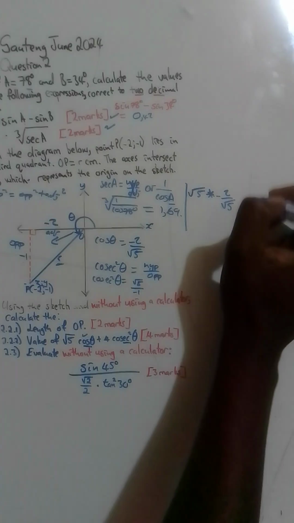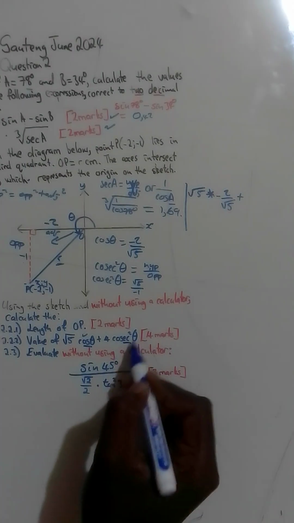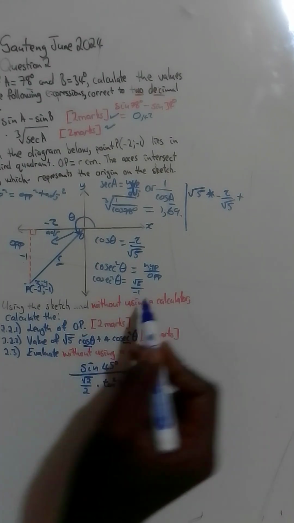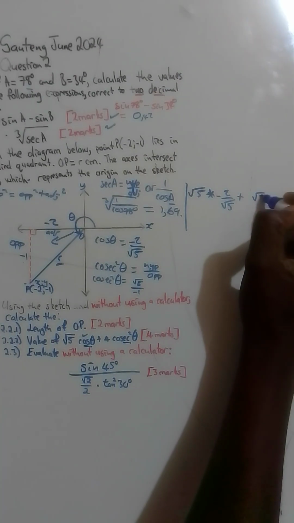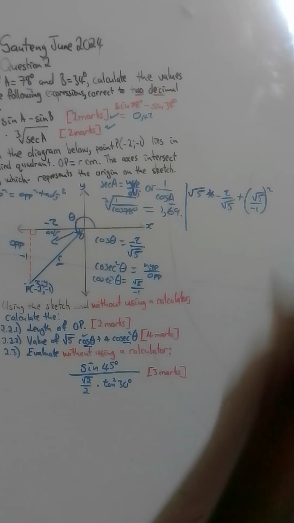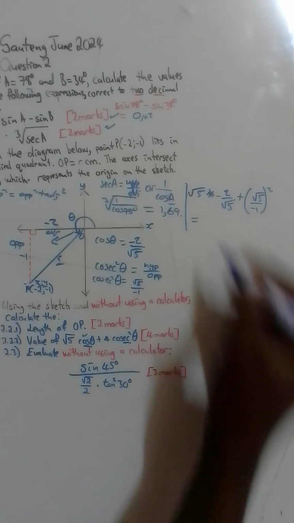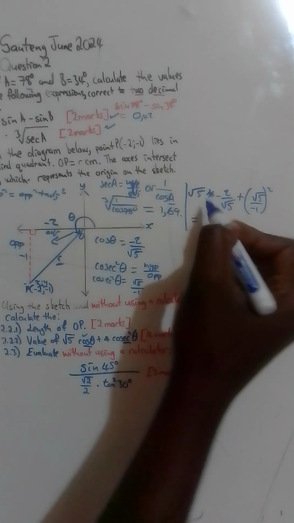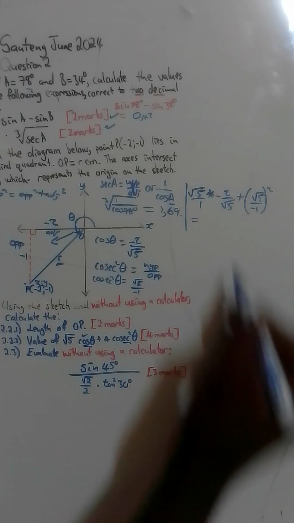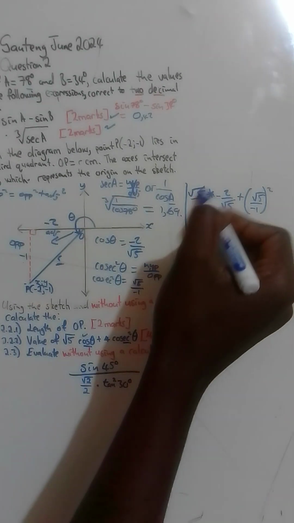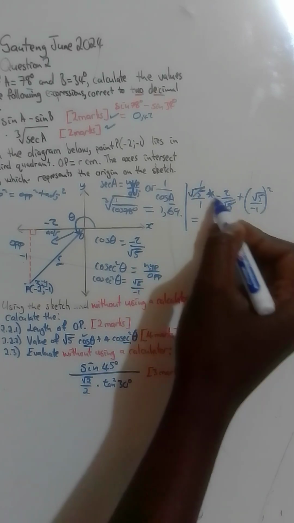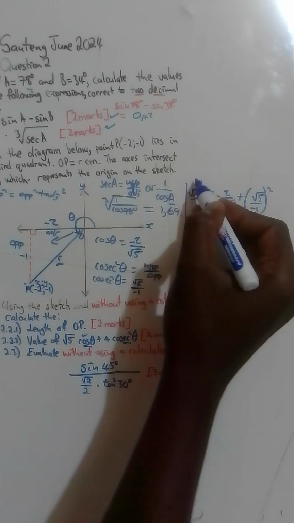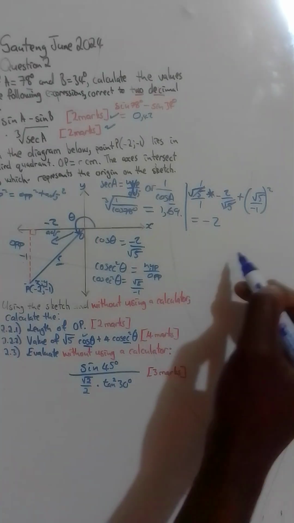And we're told plus cosec squared theta, and my cosec squared theta is square root of 5 over -1, squared like that. Now this square root of 5 is square root of 5 over 1, and I've got square root of 5 here, so they cancel out. I've got a 1 here. Positive times negative gives a negative, and 1 times 2 gives a 2.